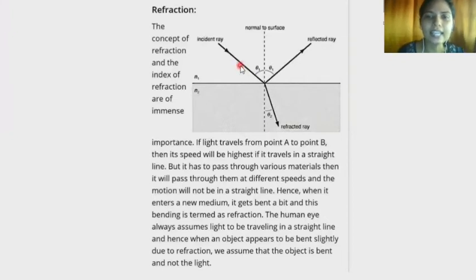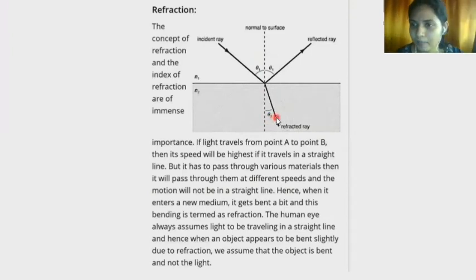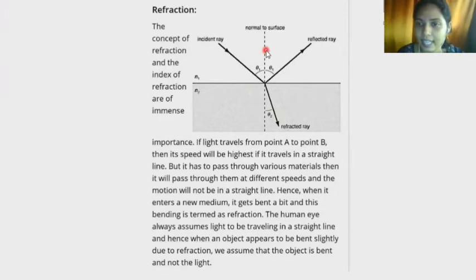The second law says, the ratio of the sine of the angle of incidence to the sine of the angle of refraction is always equal to a constant. Okay, what is the second law? The ratio of the sine of the angle of incidence to the sine of the angle of refraction is always equal to a constant.